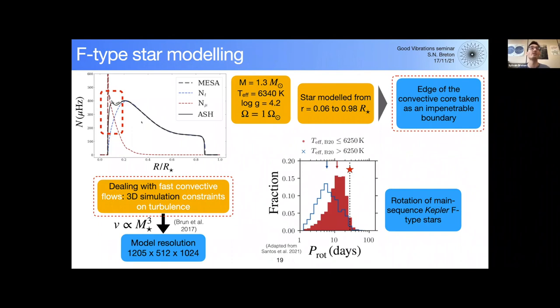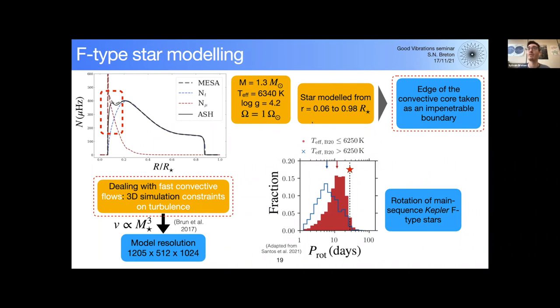6,300 Kelvin for the effective temperature, you see that the structural component of the Brunt-Väisälä frequency is not anymore the only component that has an influence on the global Brunt-Väisälä profile. Due to the presence of the convective core, you have a gradient of chemical composition that creates this bump at the bottom of the radiative zone, and you have to take it into account the best you can in order to prepare the input for the 3D simulation, to model a profile that can be simulated.